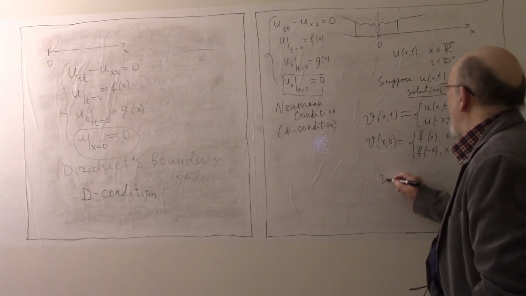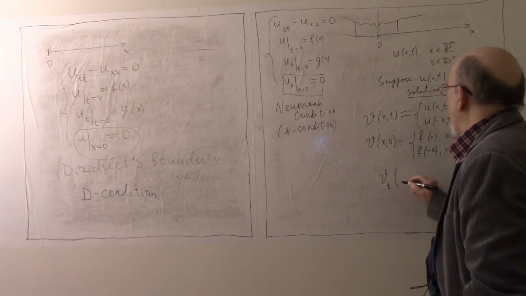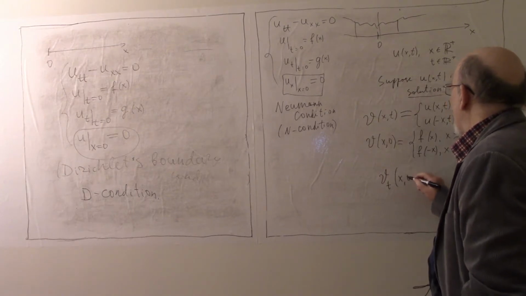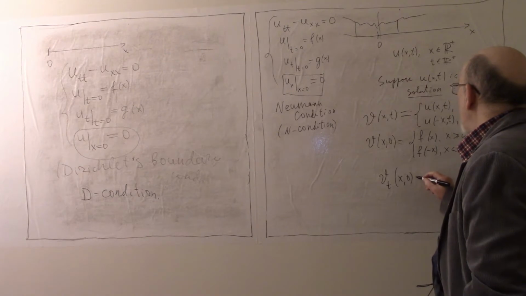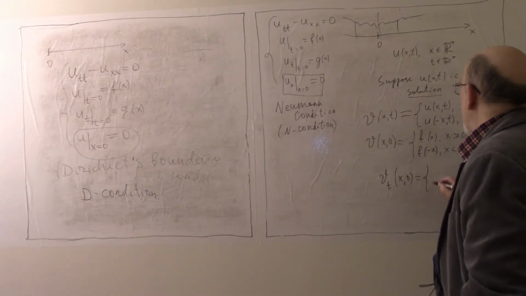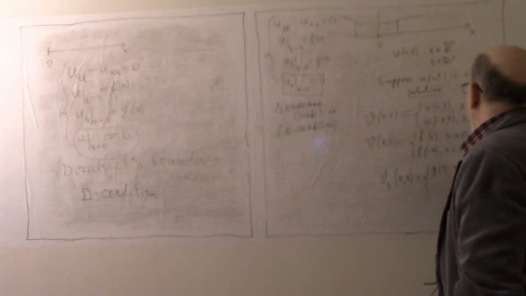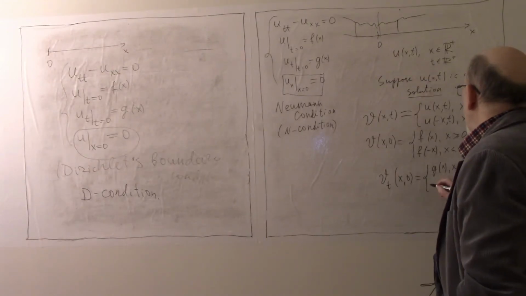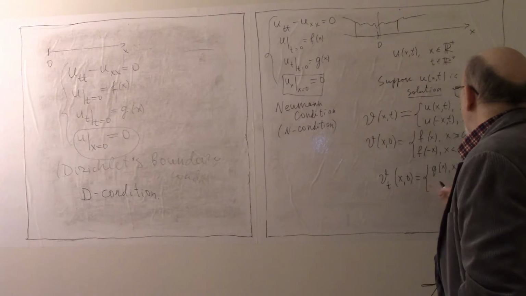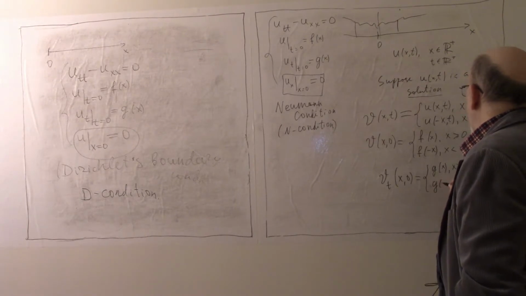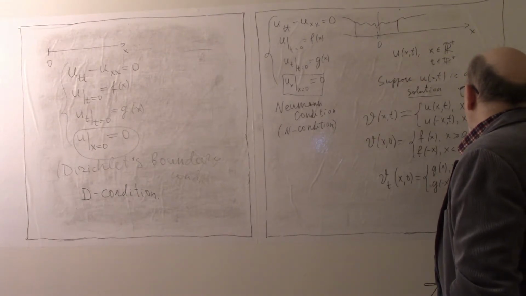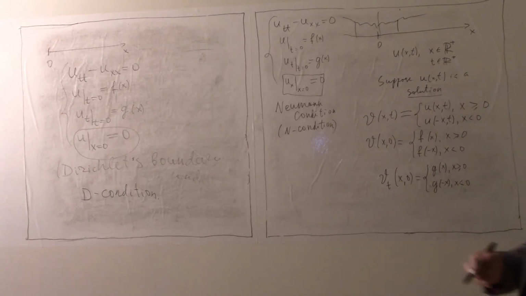And v_t of x,0 equals g of x if x is positive, g of minus x if x is negative. Yes?